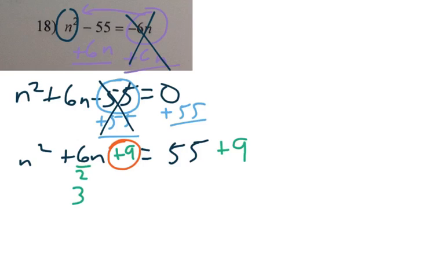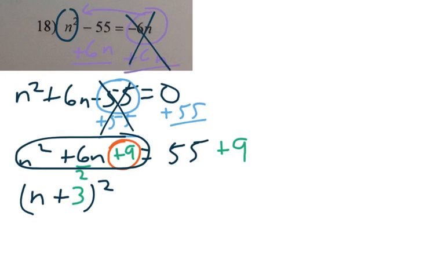What we've basically accomplished is that this whole left side, with the plus 9 in there, is now n plus 3 squared, didn't I?